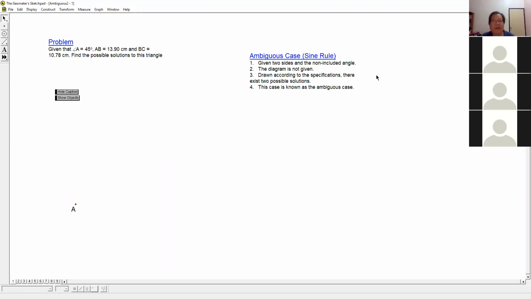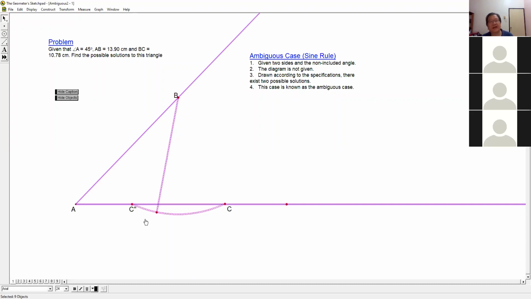Okay, so one more time. In ambiguous case, you are given two sides and the non-included angle. And the diagram is not given. And you have to draw two possible solutions. Okay, so if that is the case, this is known as ambiguous case. Okay, so probably it will be something like this, right?